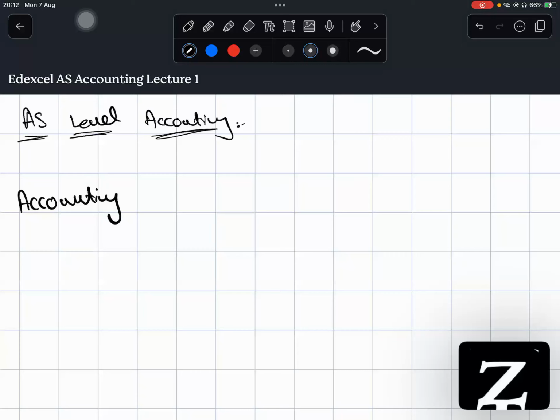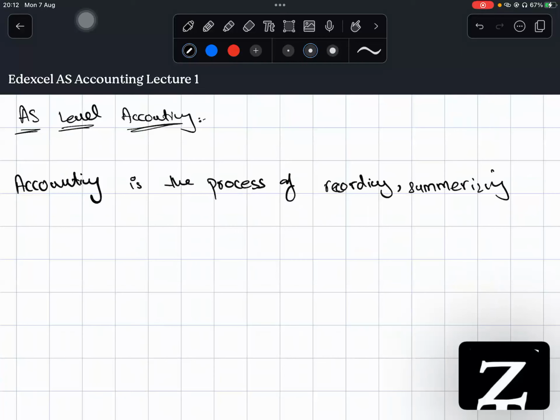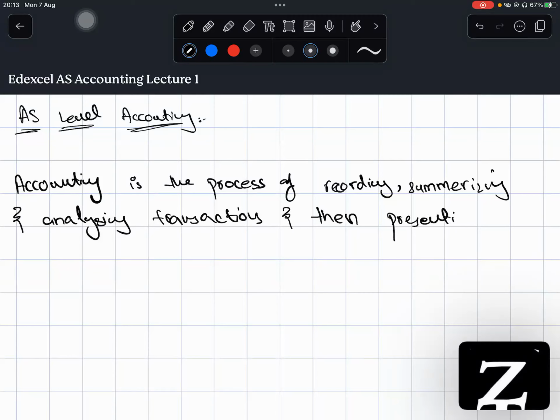So basically, if we look into it literally, accounting is the process of, like you said, recording, summarizing, and analyzing transactions, and then presenting them in an understandable manner.